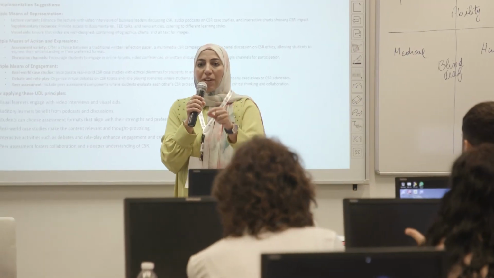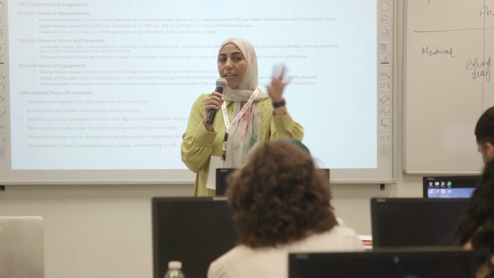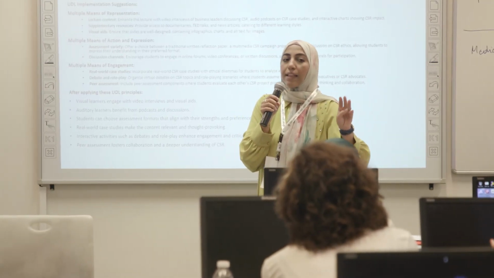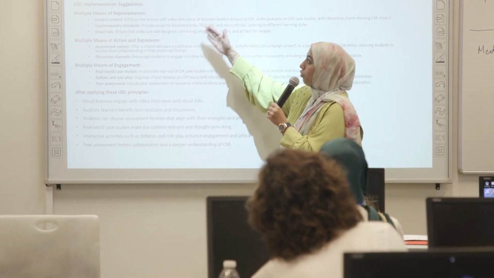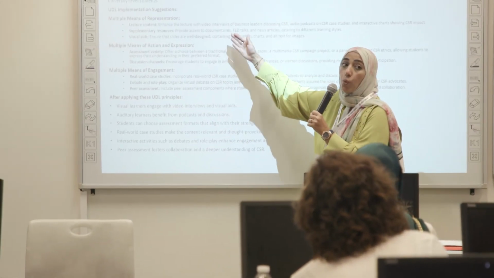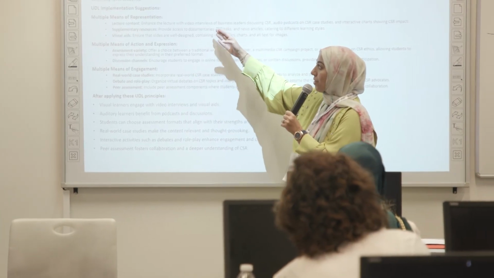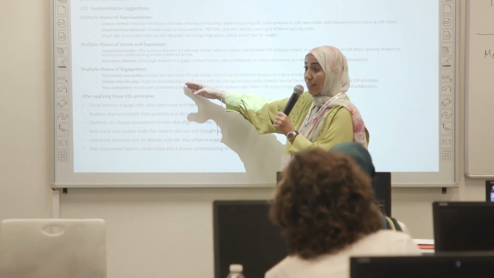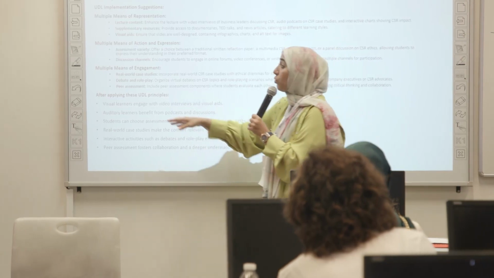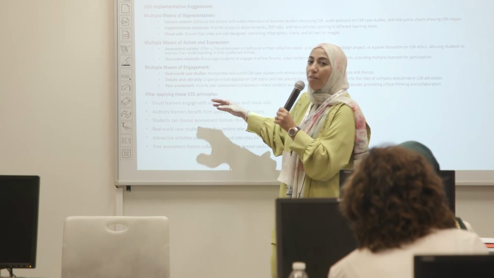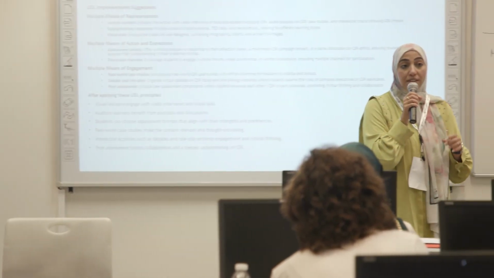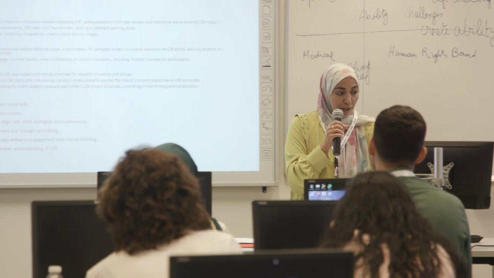For each case, you have a different type of audience and learners, and we are going to suggest a few ideas for each of the multiple means: multiple means of representation, action and expression, and engagement. And at the end, please write down this sentence: after applying these UDL principles, what are the outcomes of this lesson? And we are going to share it all together, if possible.